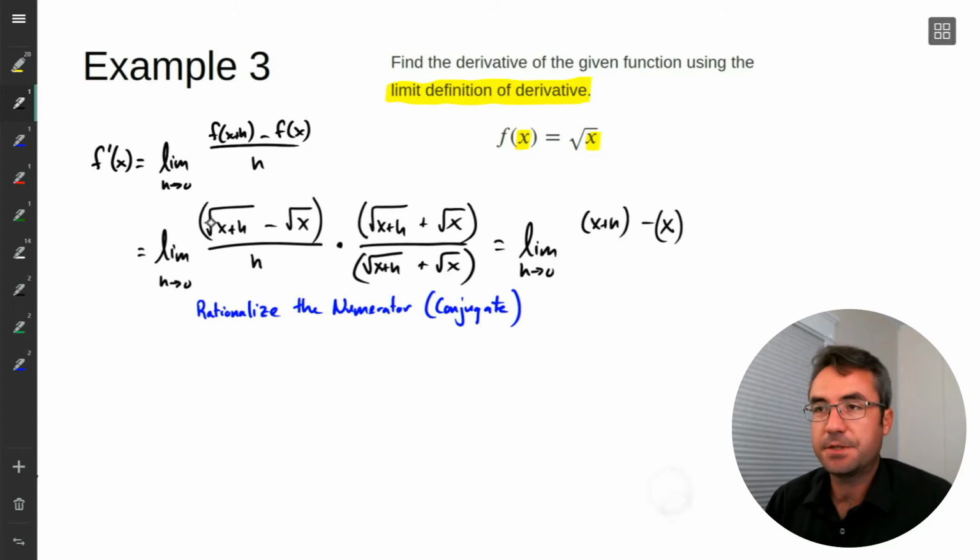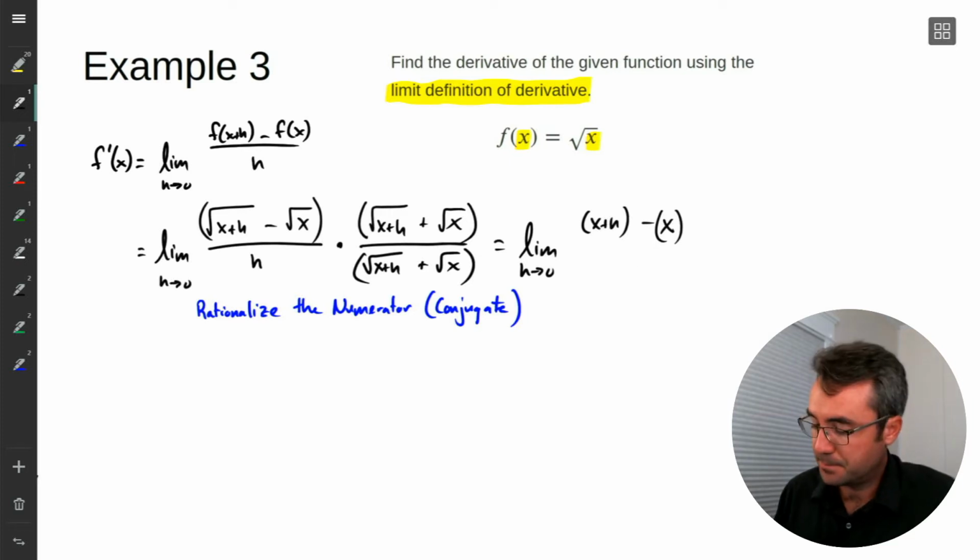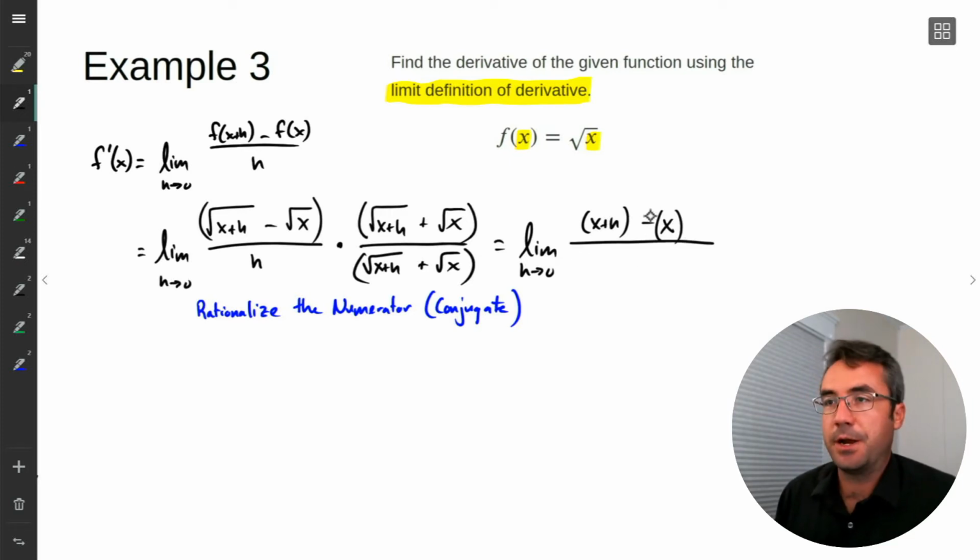And then if we took this positive square root here and multiplied it with this positive square root x here, and then took this minus square root x and multiplied it with this positive square root x plus h, all of that would cancel because we have a positive version of those two terms and then a negative version of those two terms multiplied together. So the positive and negative versions would just end up canceling out. So when we multiply this whole thing out, we're using FOIL there, we end up with x plus h minus x. So there's a little bit of work there for the numerator.